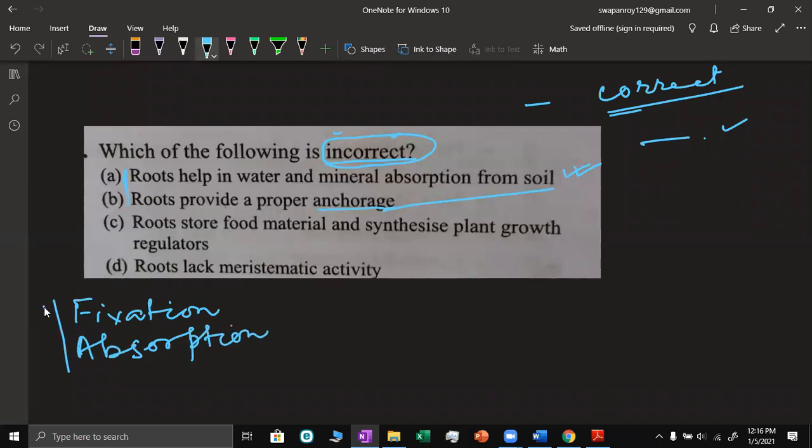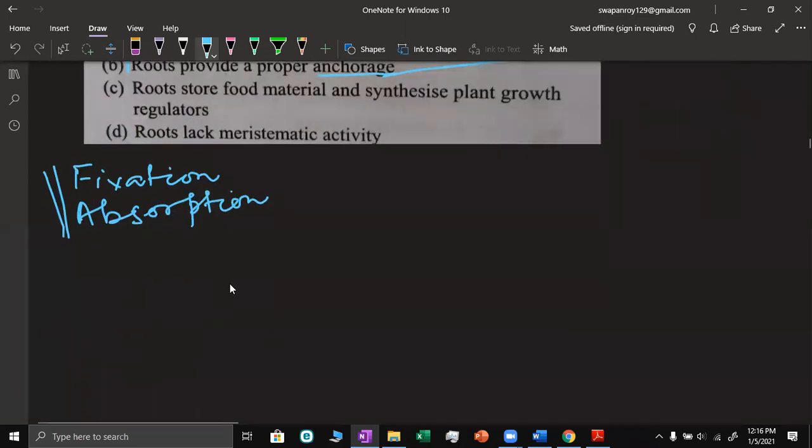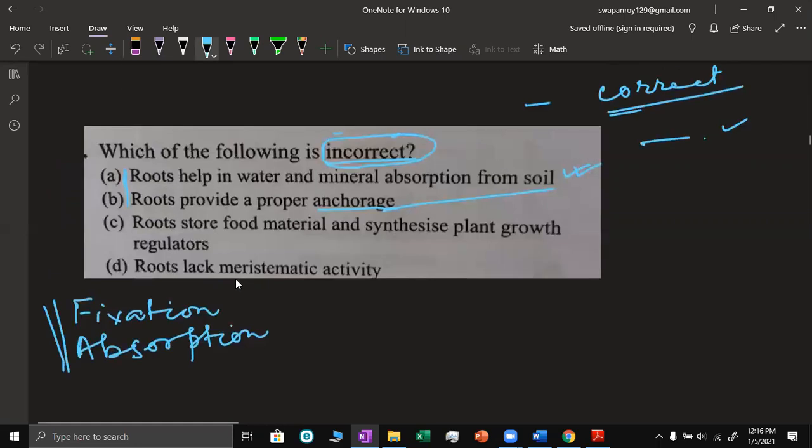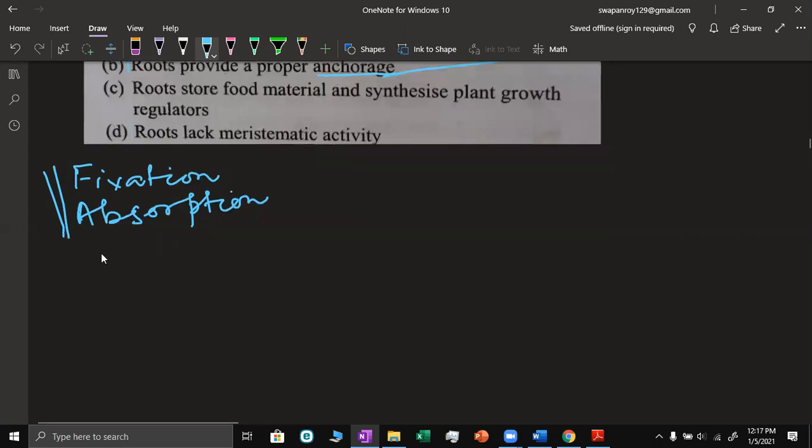These two are the main, and next comes the next function, that is conduction and storage.